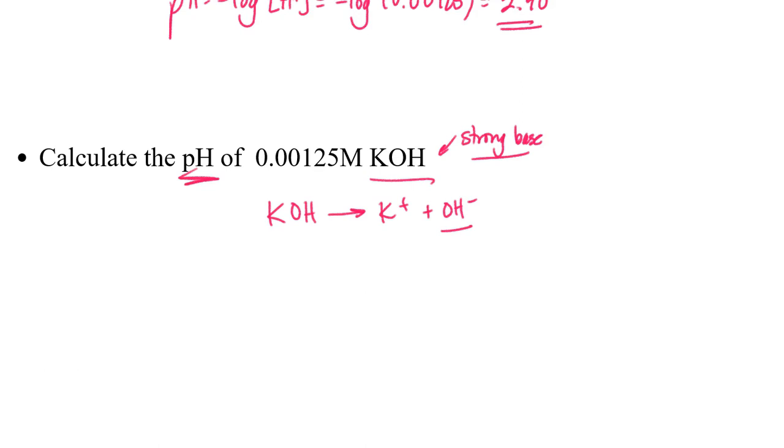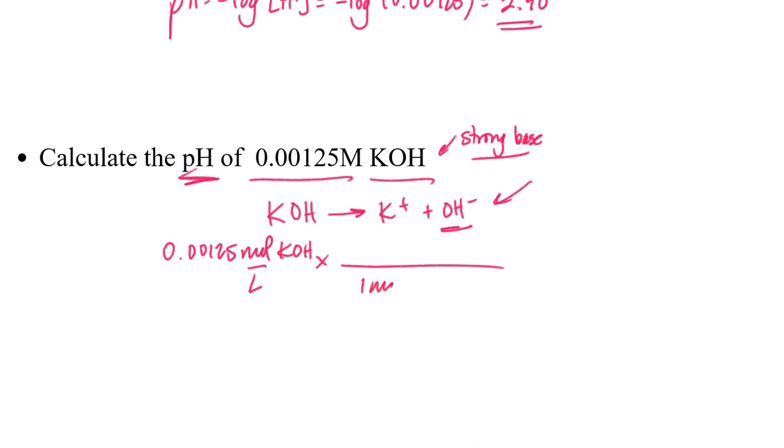Namely, one approach I can take is to go ahead and calculate the hydroxide ion concentration from the starting concentration of my base. And so this solution is 0.00125 molar in potassium hydroxide. Now, again, considering the dissociation process, for every 1 mole of potassium hydroxide, I will expect 1 mole of hydroxide anions.